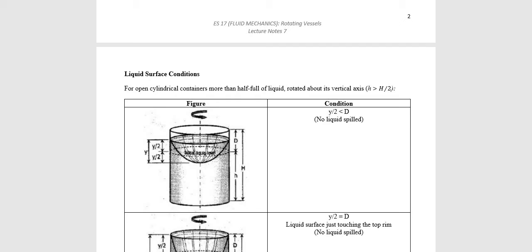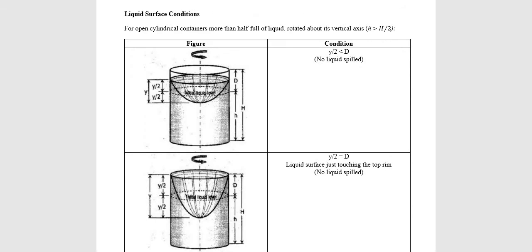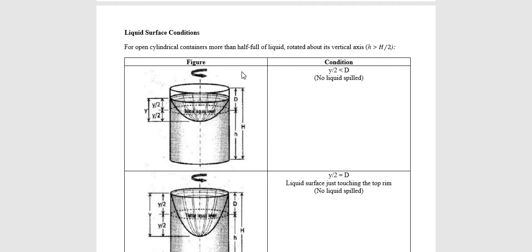Okay, these are actually the different cases that we might be engaging in a rotating vessel. When y over 2 is less than d, that means there is no liquid spilled. Pero kapag yung y over 2 is equal to d, liquid surface just touching the top rim.